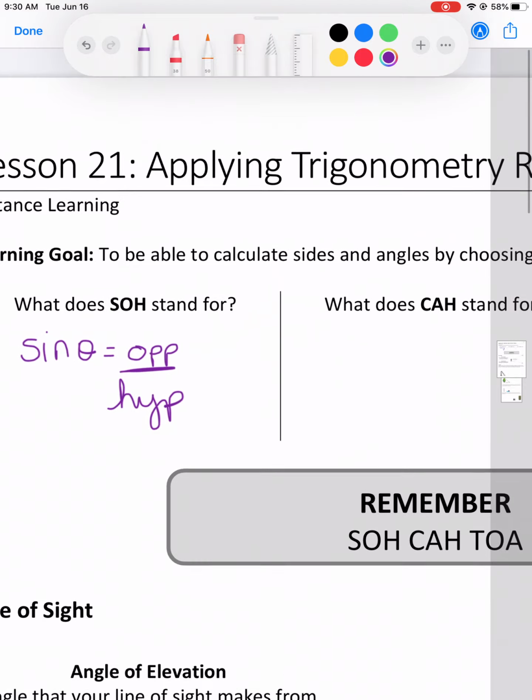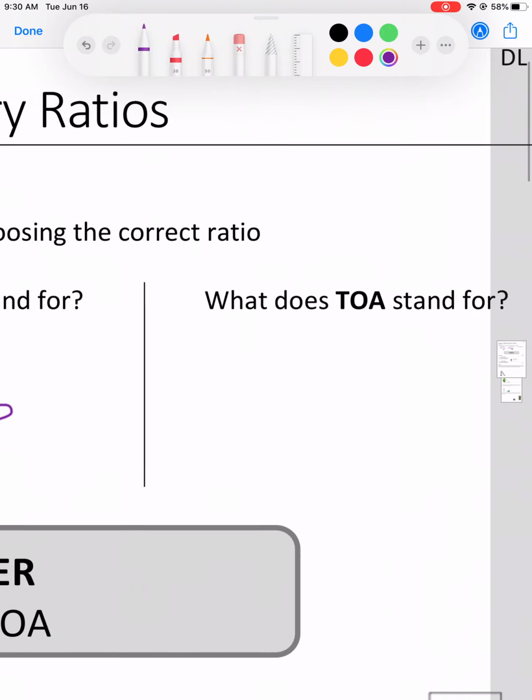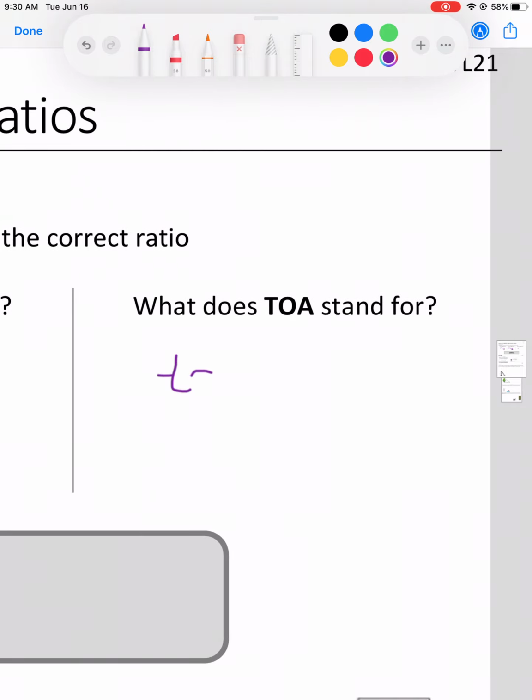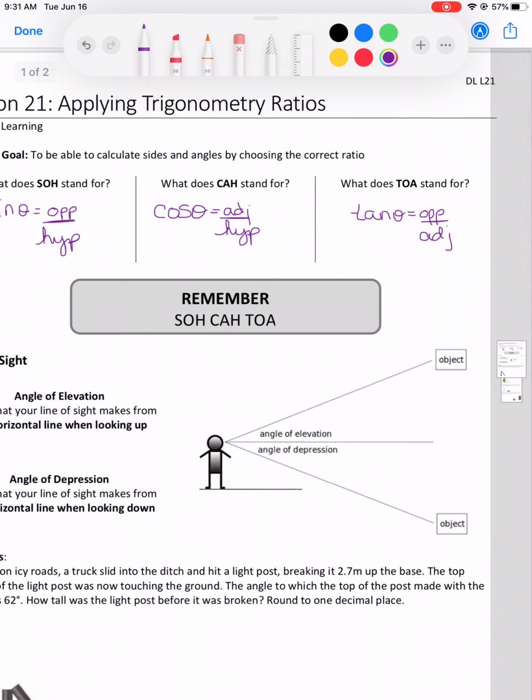CAH is cos: adjacent over hypotenuse. And TOA is tan: opposite over adjacent. Hopefully you guys are pros at that by now. Remember SOHCAHTOA, the little thing to help you remember what the ratios are.